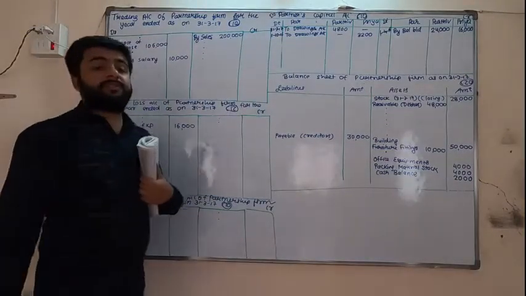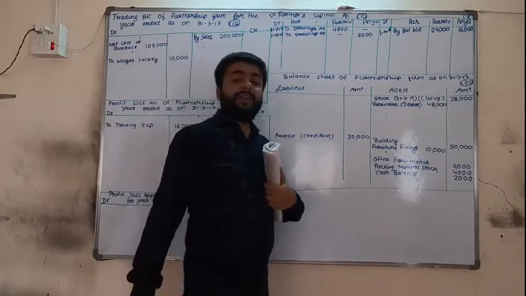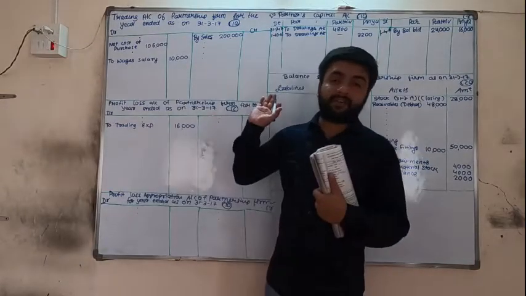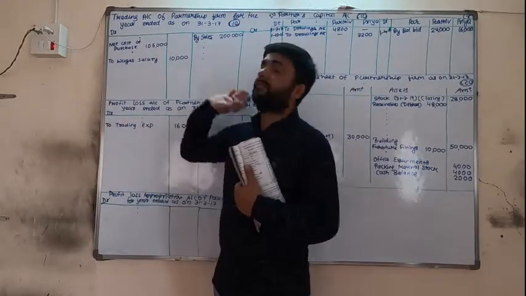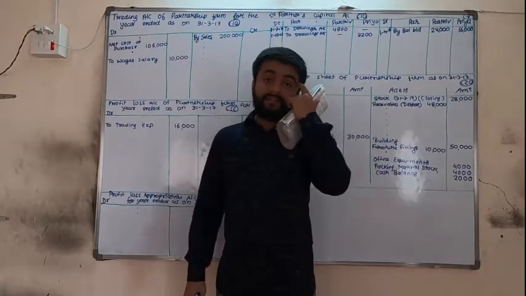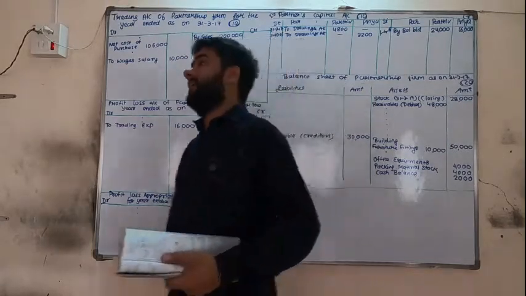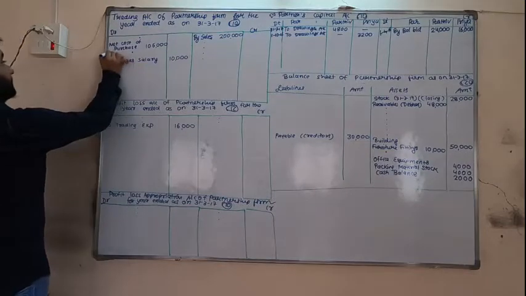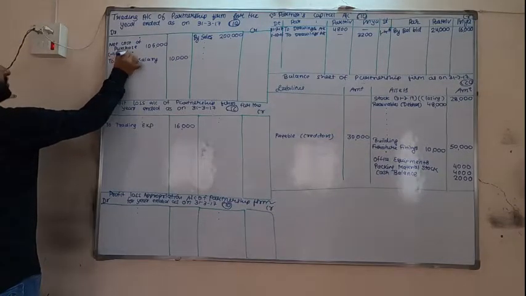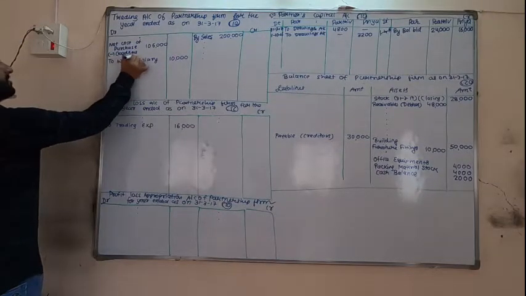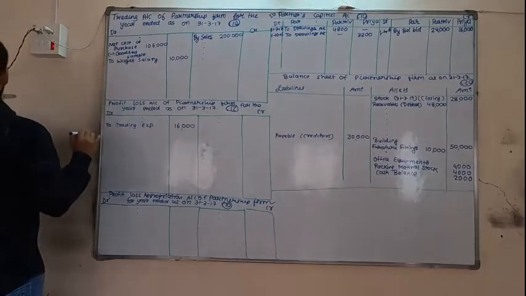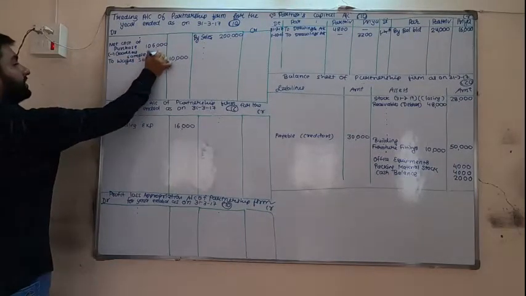Next, goods distributed as free sample. Already I said goods going out for other reasons, so outward of goods is subtracted from purchase. Only one effect is given because it is given in the trial balance. So subtract goods as sample, 2,000.